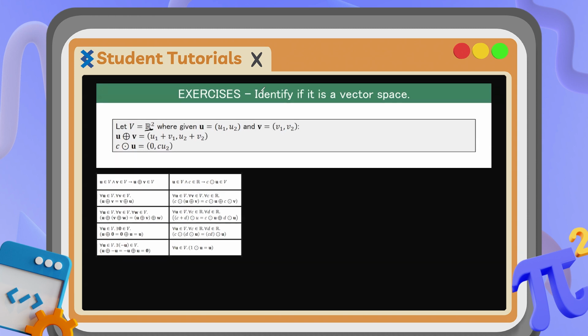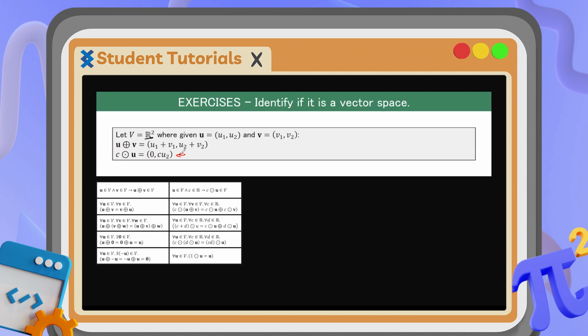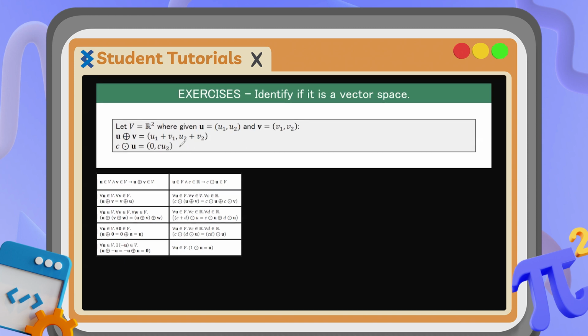And we define the vector addition to be element-wise addition, which is the one that we're used to, or the standard vector addition. And then we have scalar multiplication defined as 0 and c times the second element of the vector u. So notice that this one is defined differently than the scalar multiplication that we are familiar with, which is why it is also important to consider how the operations are defined.